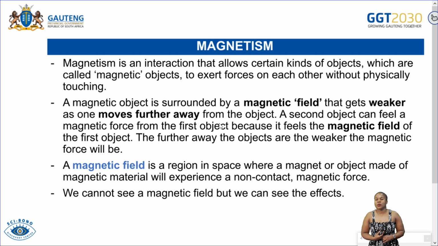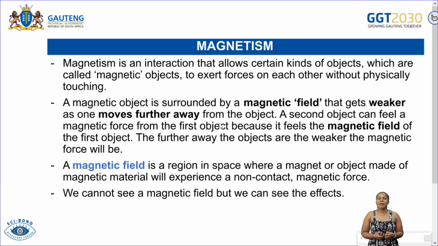So let's get started. What is magnetism? Magnetism is an interaction that allows certain kinds of objects, which are called magnetic objects, to exert forces on each other without those objects physically touching.